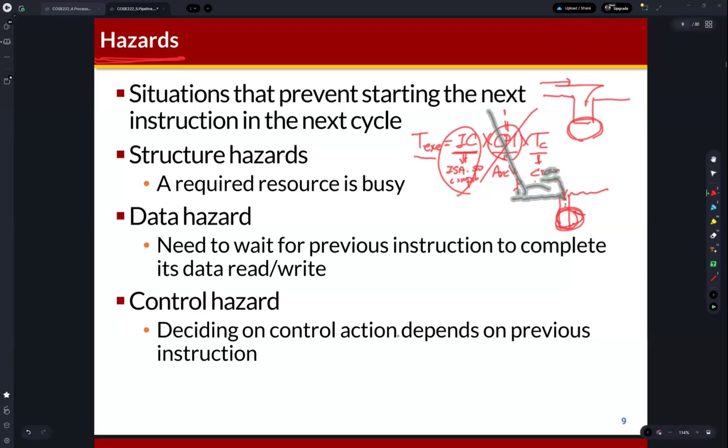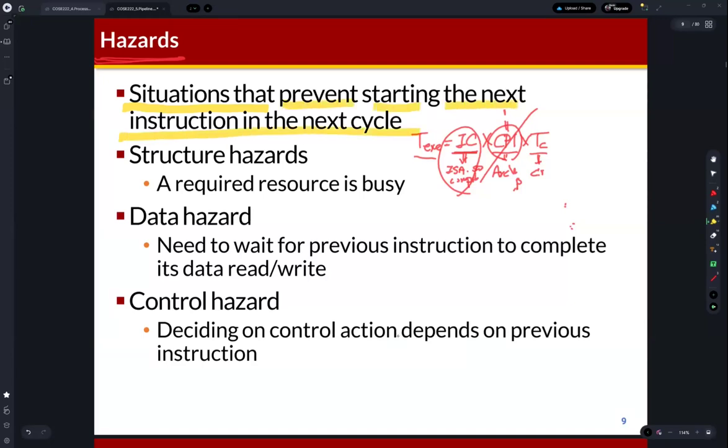Then what is the meaning of hazard in the CPU? You can read this sentence: a hazard represents the situation that prevents starting the next instruction in the next cycle. What does that mean? Assume this is a CPU, and the CPU can receive the next instruction in the next cycle, which means it can execute an instruction every cycle. But this is the ideal case.